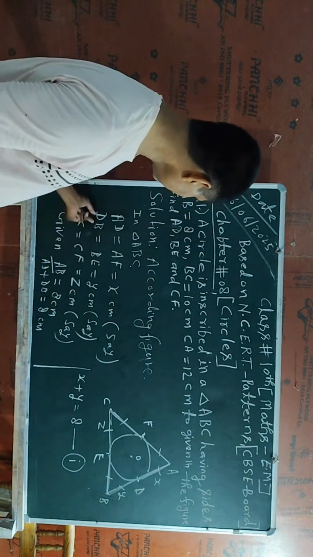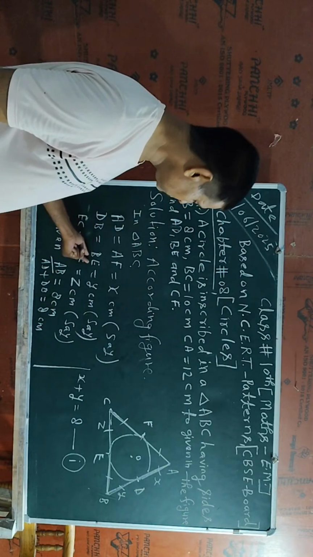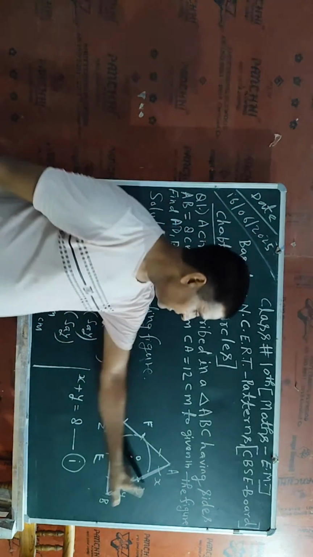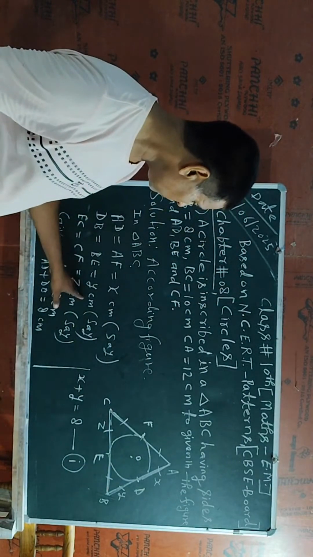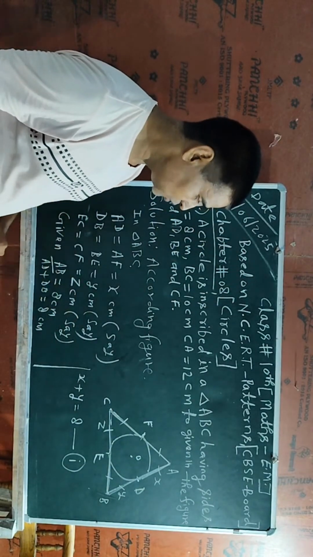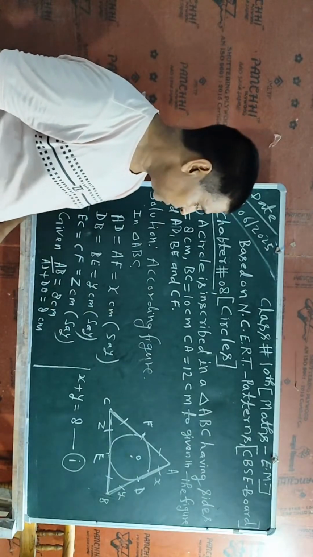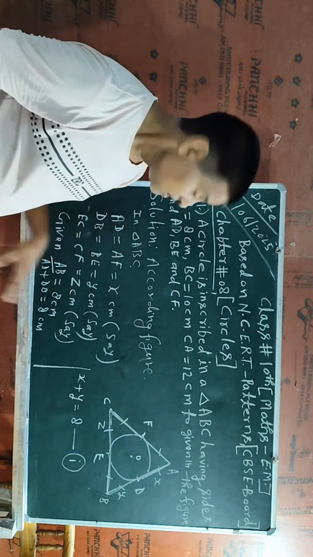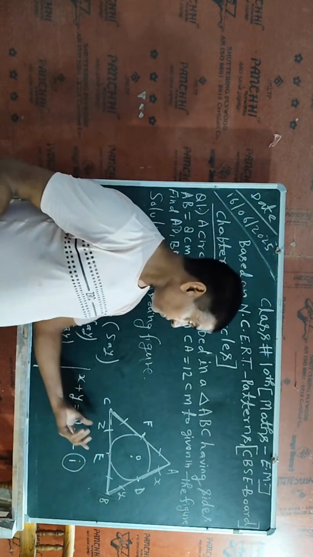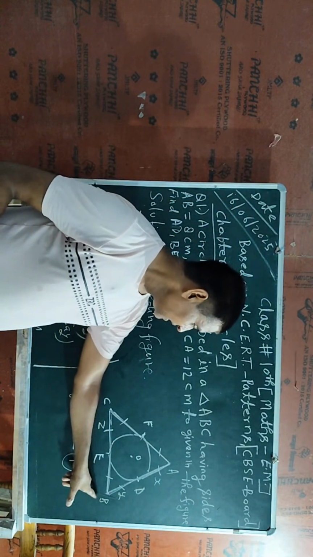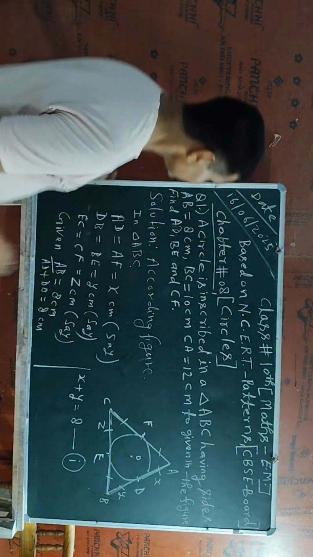Already I have written here length BD is equal to BE, that will be Y. Okay, students, if you are doing very well, write all the information.